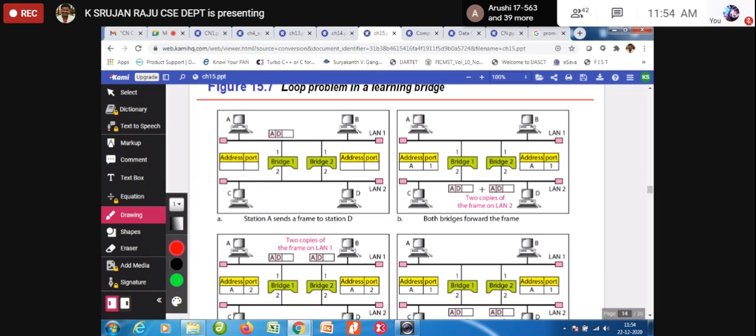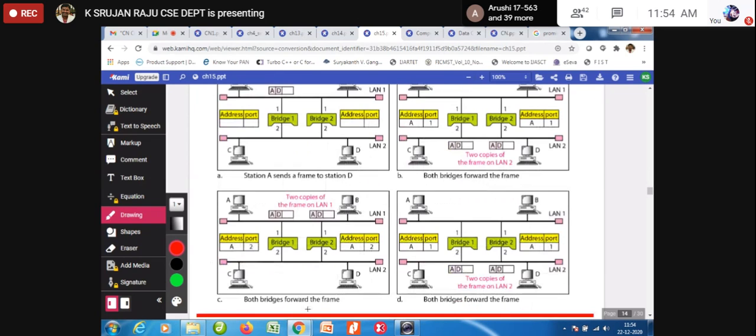Both bridges forward the frame. Whatever bridge 1 gets, it forwards to bridge 2, and from LAN 2 two copies of the frame come back on LAN 1, because this is a different LAN, and whatever comes on it is sent again.